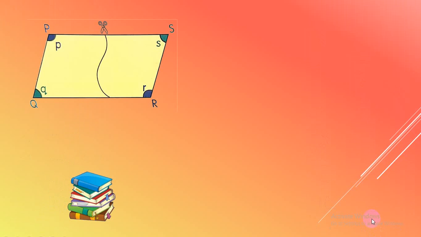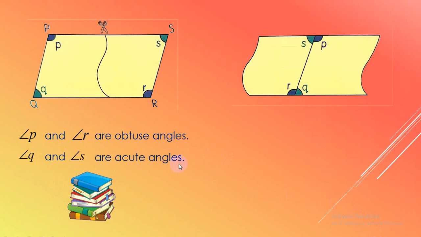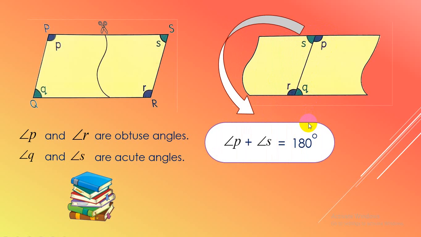One more. If we cut it in another way, like this, as usual, angle P and angle R are obtuse angles, angle Q and S are acute angles. So they form a straight line also. Look at this one, angle S and P, angle R and Q. So angle S and angle P add up to 180 degrees.